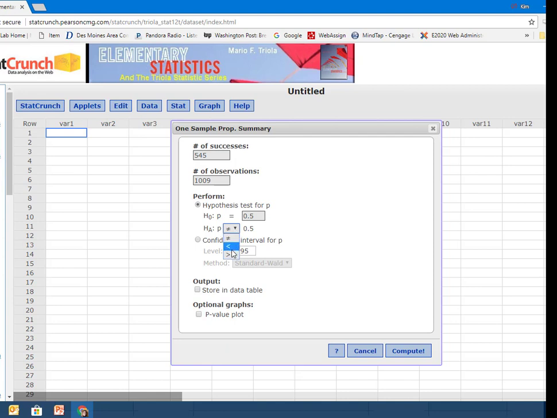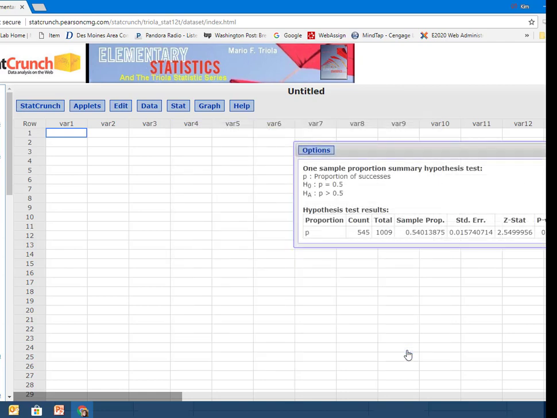Our alternative, we think it's greater than 0.5. Most people are uncomfortable. And then we simply do compute. And there we get the same z statistic, and we get the same p-value. Okay? So keep that in mind as we go forward.